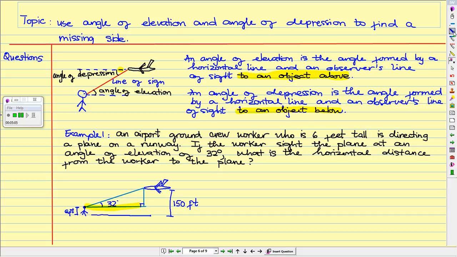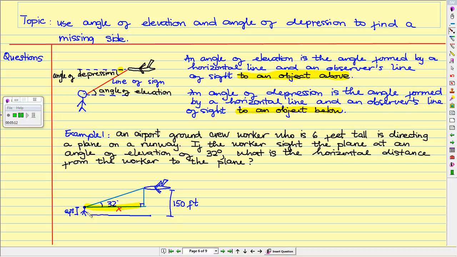Let's use a variable, the letter x. We want you to find x, which is the horizontal distance. First, we know that the vertical distance from the plane to the ground is 150.